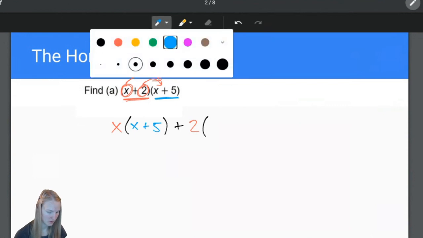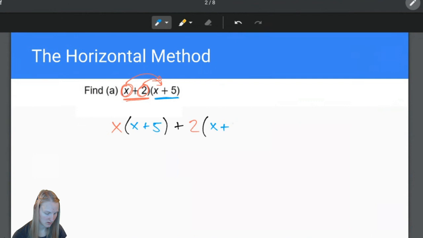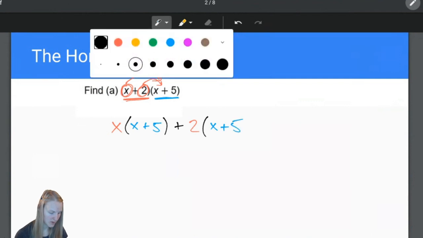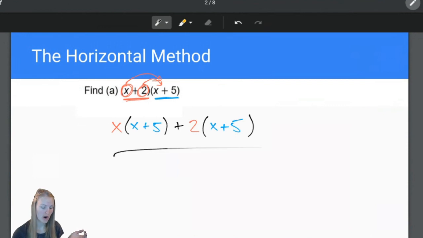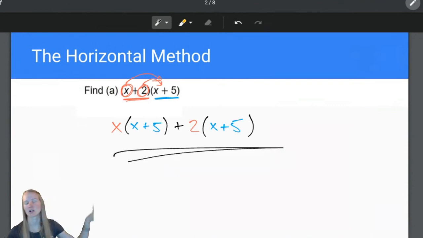Now this is just a matter of the distributive property. You know how to do this. We did this back in chapters 1, 2, so you know how to do this.